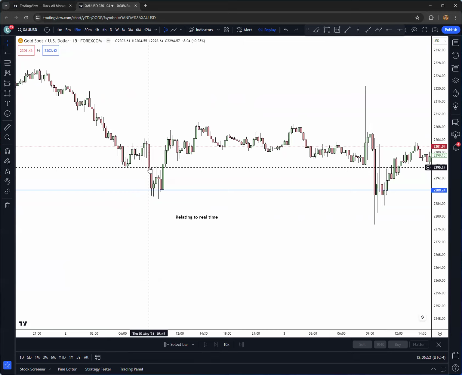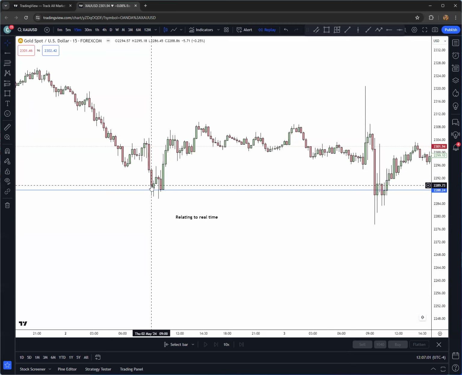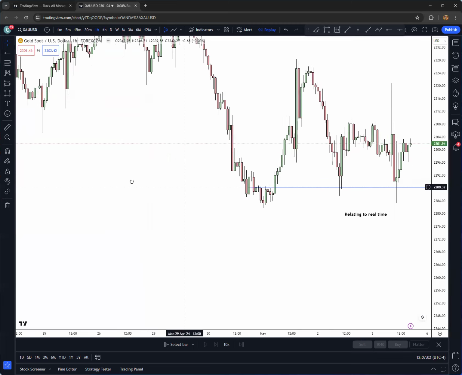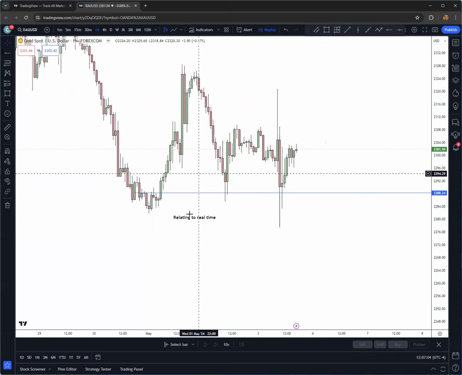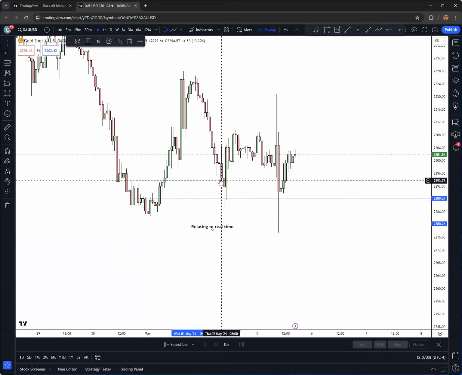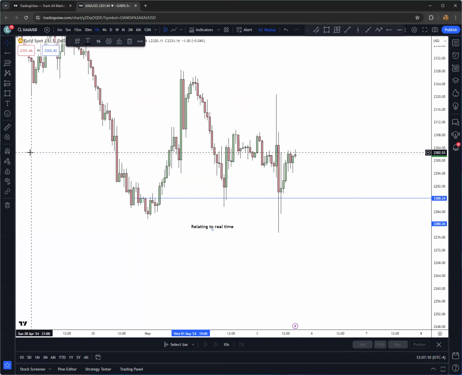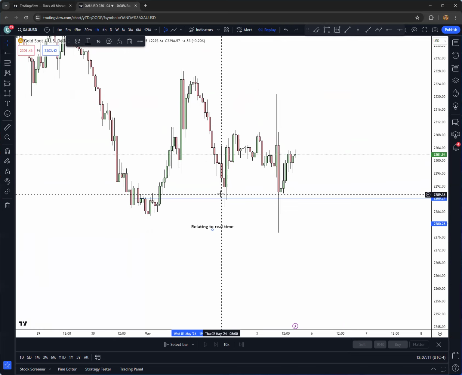If this is 8:45 and we're approaching this zone, you can't monitor this on a 15-minute. You got to go up to H1 to monitor the hit on this, right? Relating it to real time, right? So real time meaning the next candle closure that's coming up. So if you look, 1, 5, 15, 30, 1 hour, 4 hour.